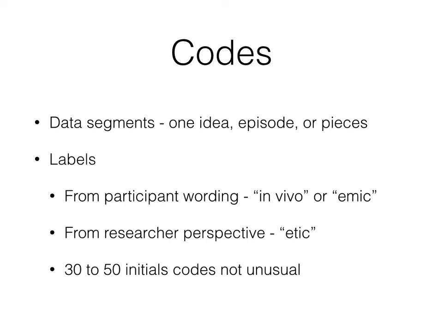Or the researcher can apply labels that make sense from his or her perspective, and these are known as etic labels. It is not at all unusual to have in a large research project 30 to 50 codes initially, and then the researcher combines them or even disregards some of them.